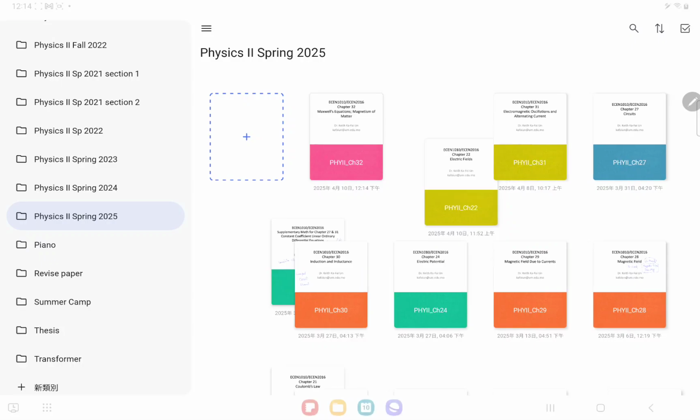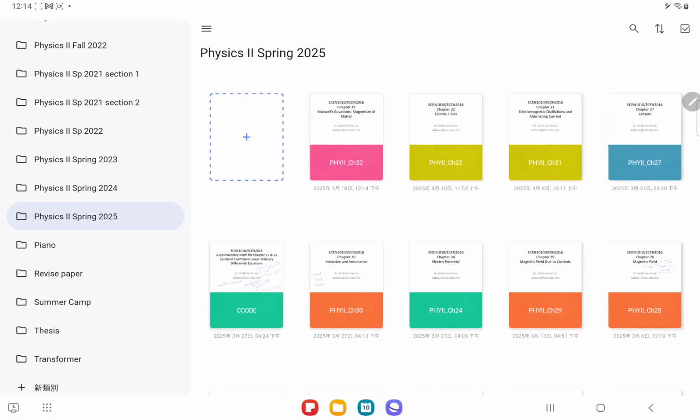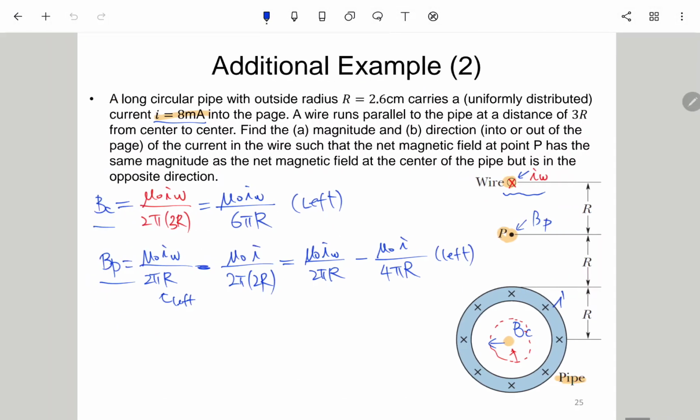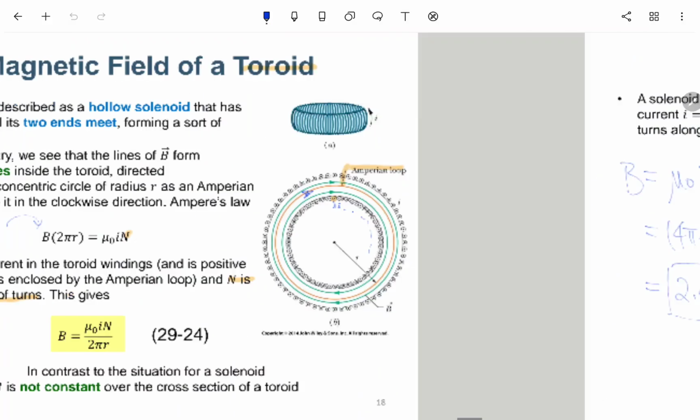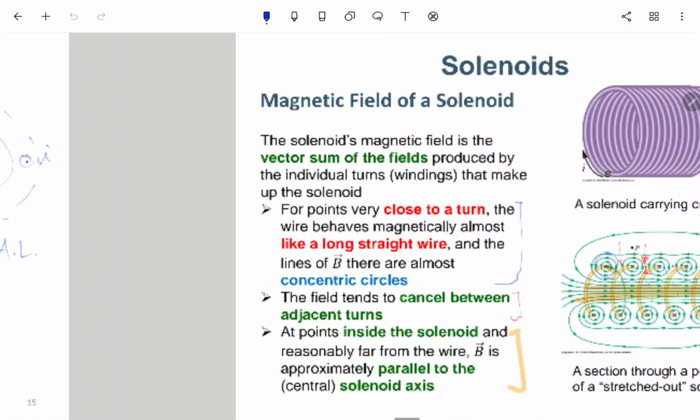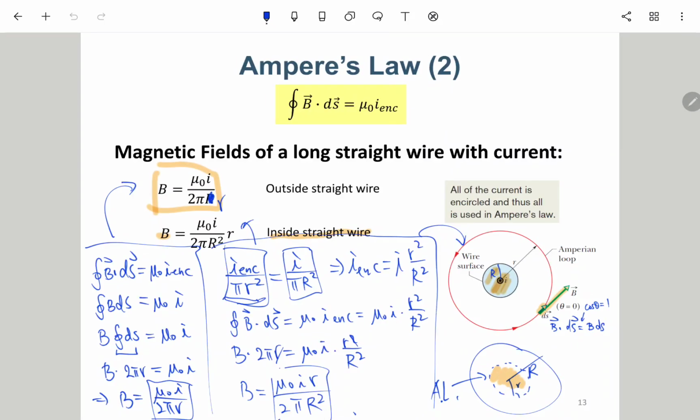So we can check out chapter 29. In chapter 29, we should have derived this before. Which is here. At that time, we had a wire with a radius. When we consider the B field inside the wire or outside the wire, the B field will be like that.